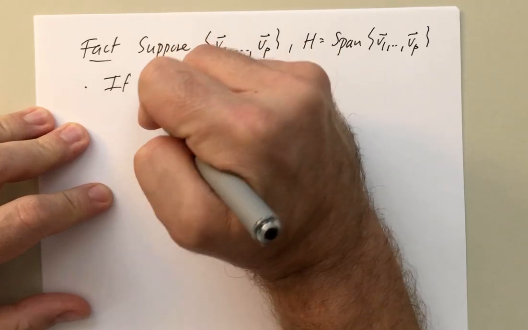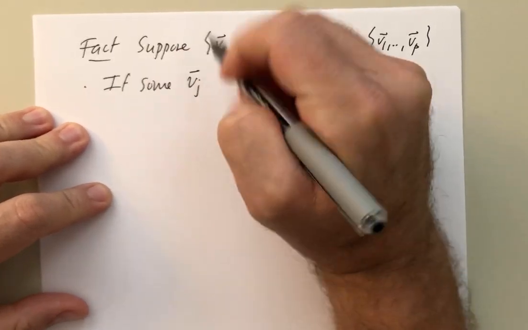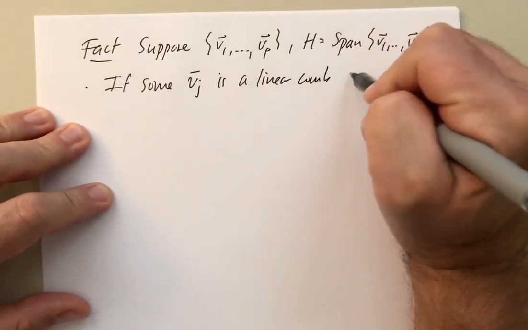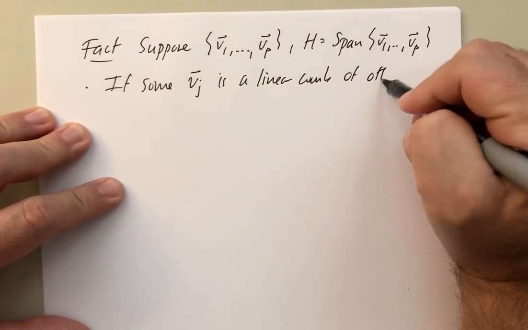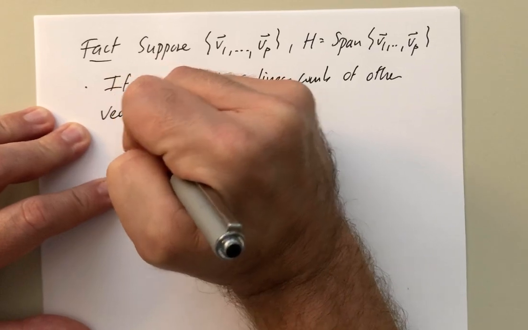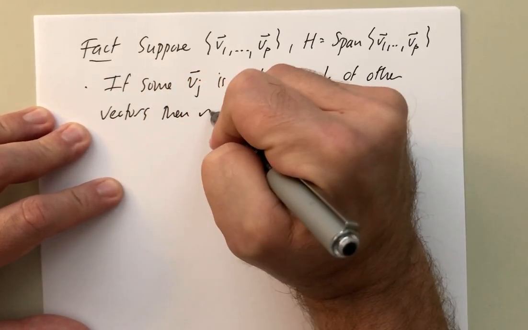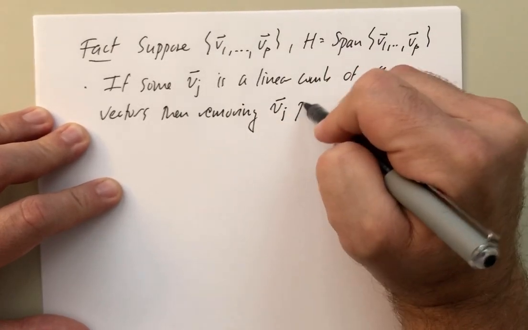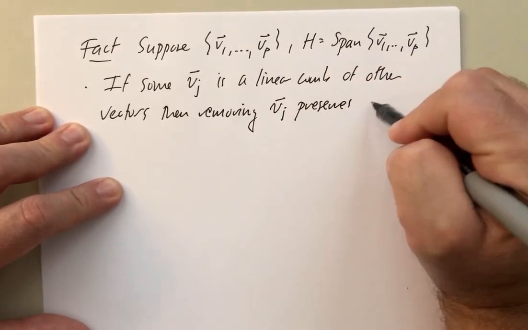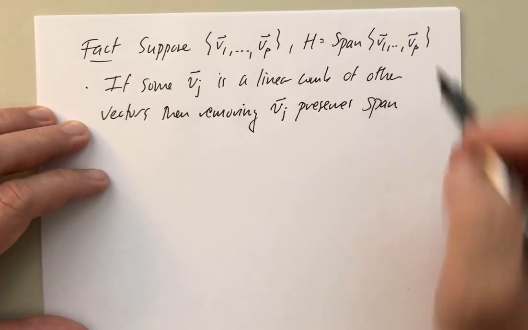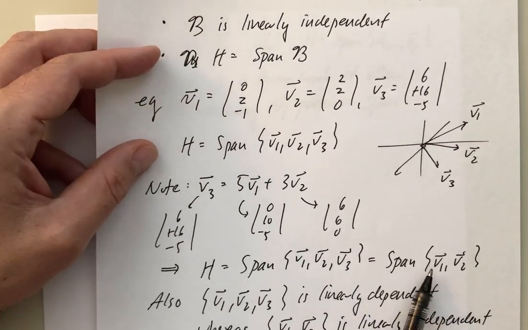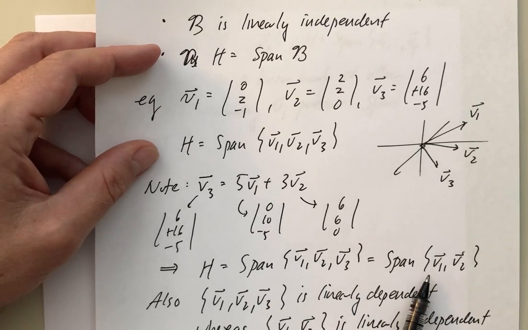If some vector, let's say Vj, is a linear combination of the other vectors, then removing Vj, like we did before, preserves the span. The span does not change when I take it away, right? So just here, when I popped out V3, I got the same span as what I have before.